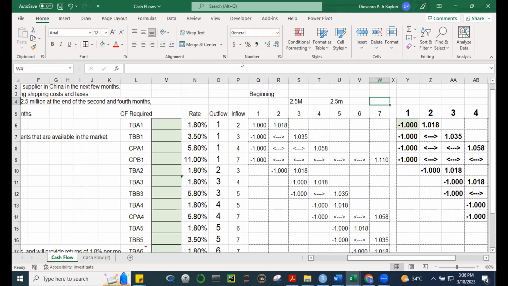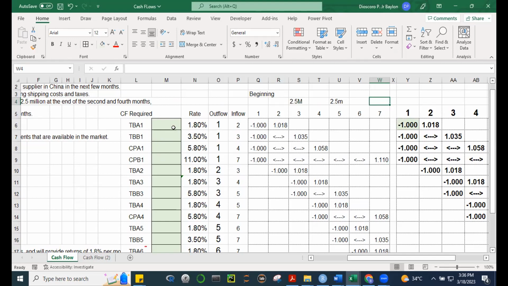Not yet, sir. It has to be an equation because remember, we're going to use Solver for this. So we have to set up the equation, and we can only communicate with Excel through an equation, right? You know that already. We already identified our decision variables. These are our decision variables.